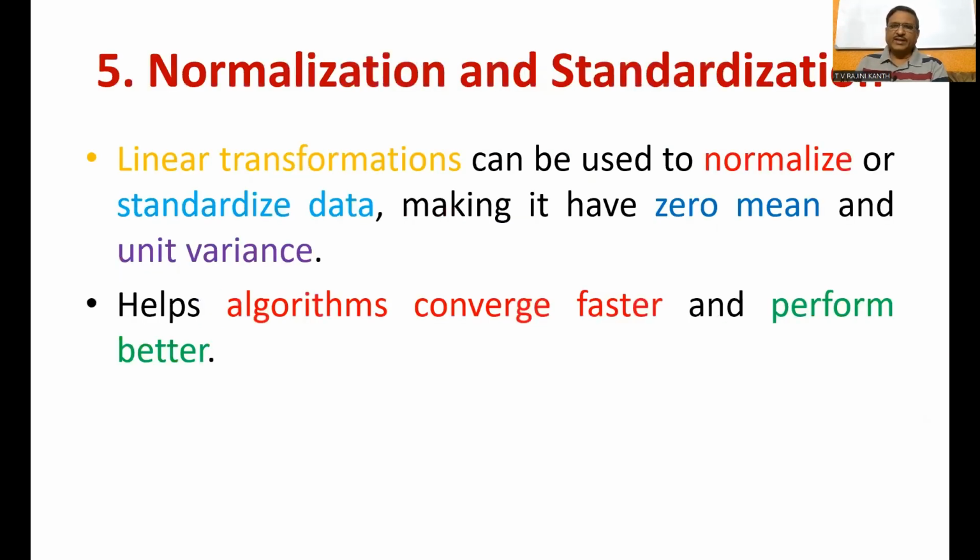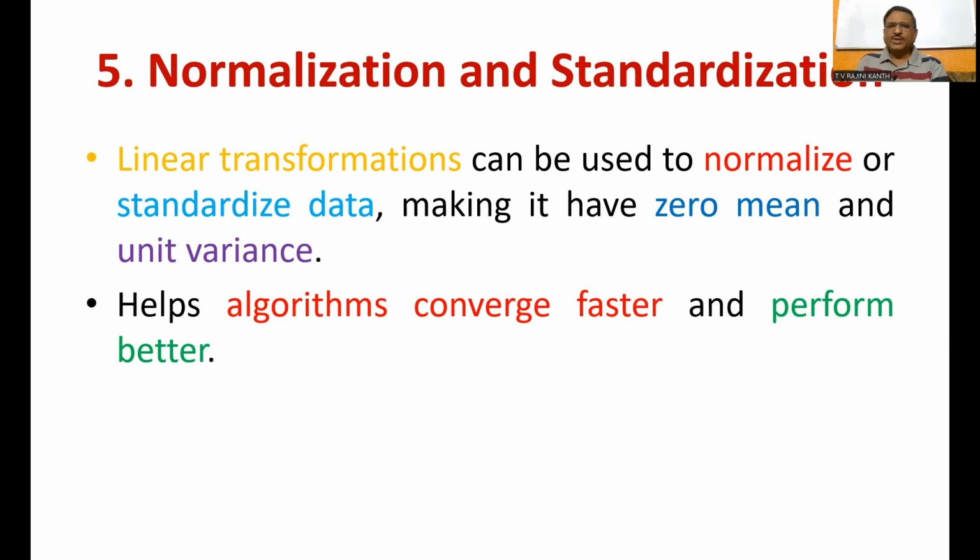If you go further, the fifth type is normalization and standardization. This also I have discussed in the previous video. Normalize the data. There are various types of normalization techniques. Min-max normalization, like that we can go for Z normalization, many techniques are there.